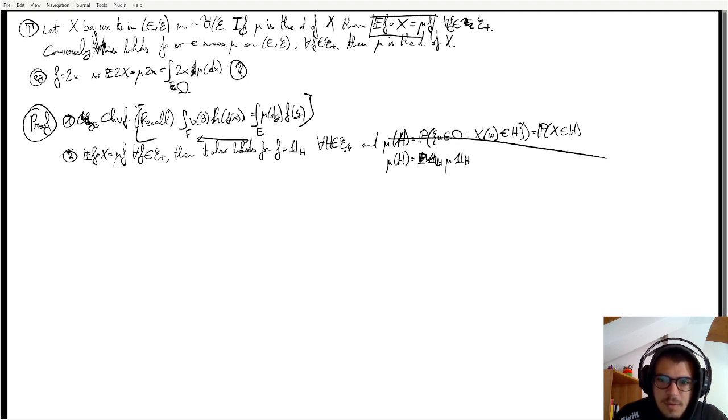It's the measure of the indicator of h which is equivalent to this applied to x.